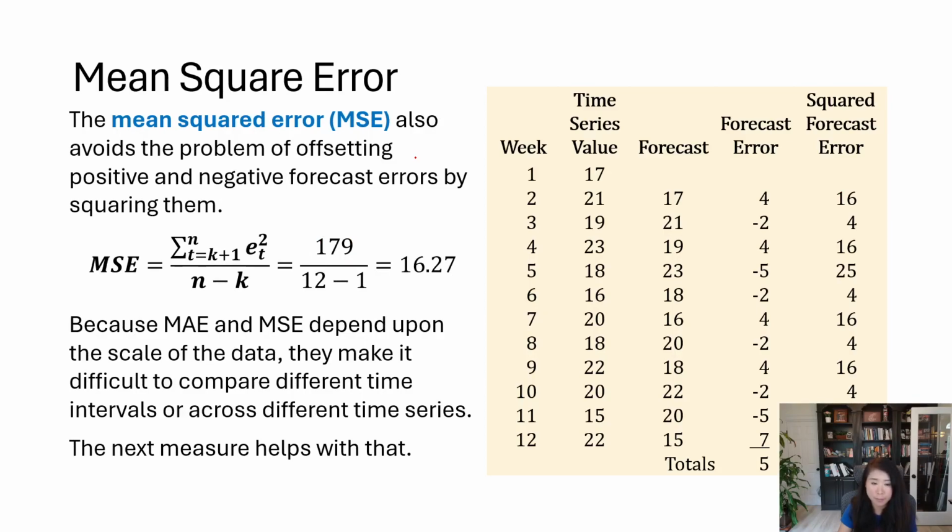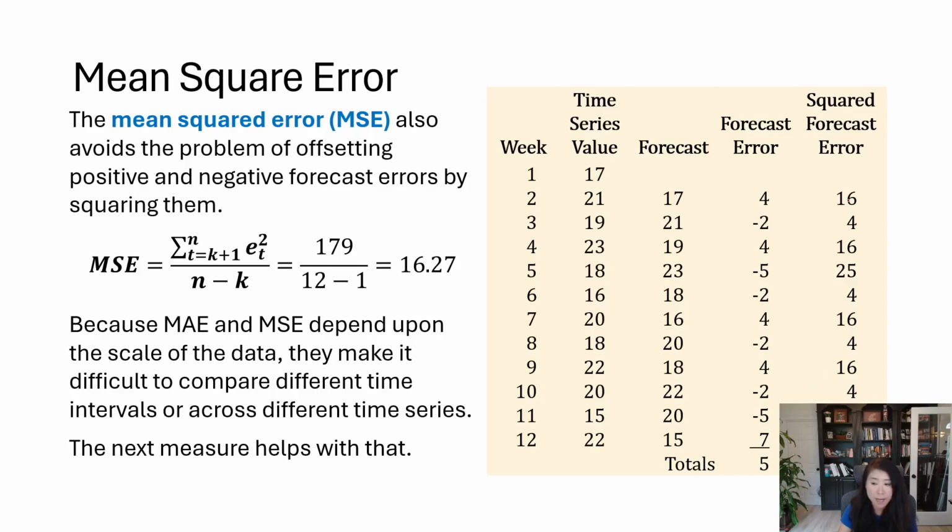So mean square error. The same idea: we don't want a positive and negative sign to cancel each other, right? So the other way to do it, instead of taking the absolute value, is to square our errors. For instance, 4 squared equals 16, and 2 squared equals 4, 4 squared equals 16, etc. So this method is called mean square error.